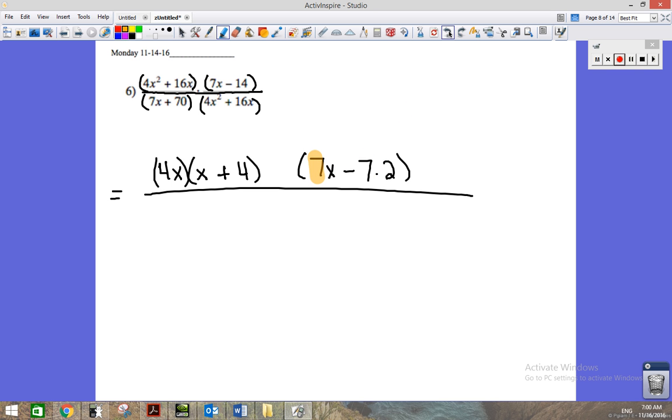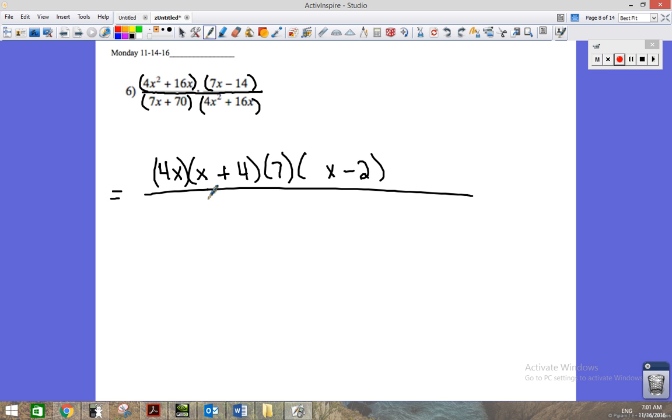And we can remove that common factor from each term if we write it as multiplication in front of this binomial. I don't know if it's going to let me move this closer together, but that's fine. Alright, so now let's do the same thing in the denominator.